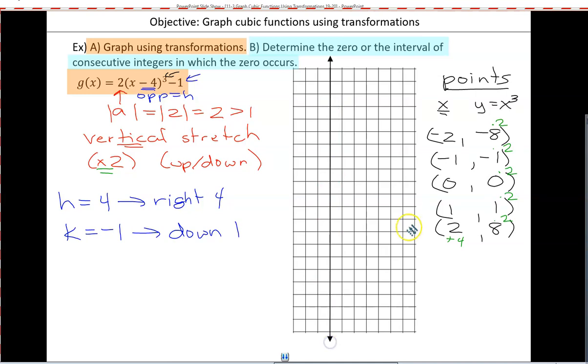So I have enough room on my grid for that right 4 translation. And then I'm going to draw my x-axis pretty much in the middle because I'm going to use a scale of 2 units. So I need at least 8 squares. Actually, in this case, because I have a down one, I need at least 9 or 10 squares below my x-axis and a little fewer up above because I'm moving down one also. So 1, 2, 3, 4, 6, 8, 10. And so I'm going to put my x-axis right around there.